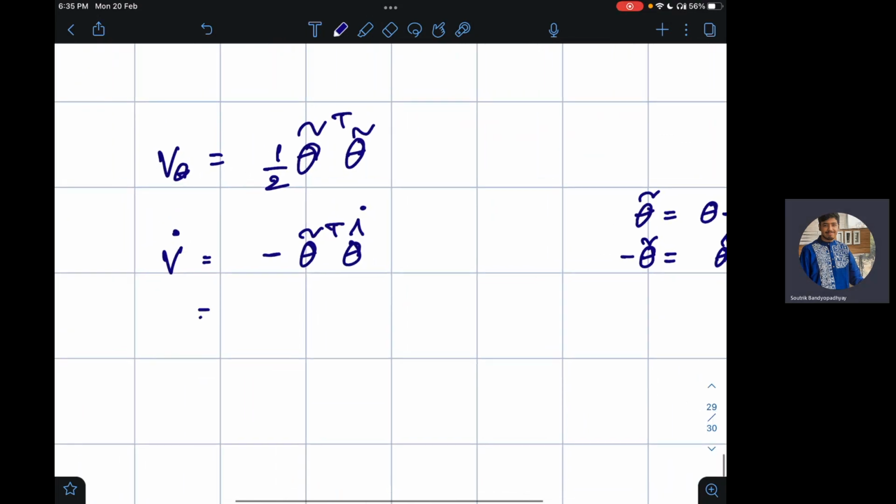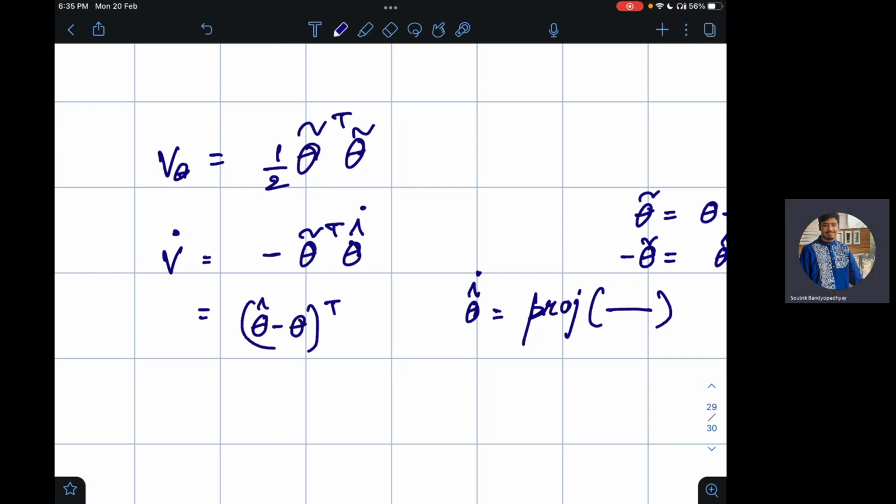So essentially, if theta hat dot is some projection of something, this entire thing boils down to theta hat minus theta transpose projection of something. Now this is essentially less than 0.